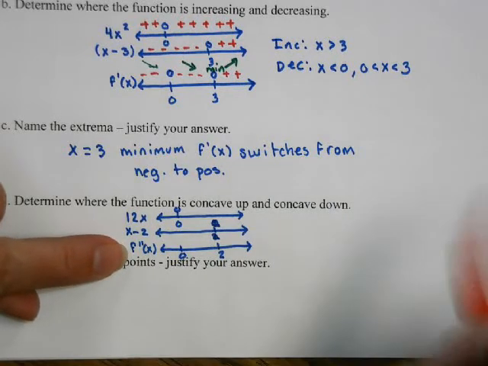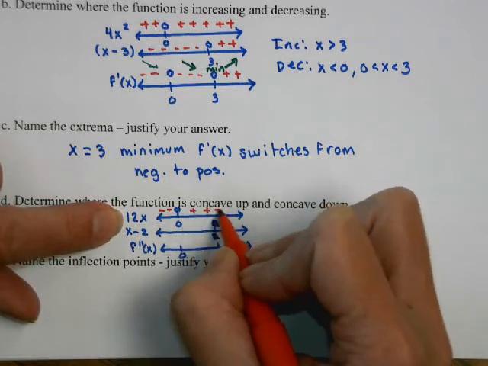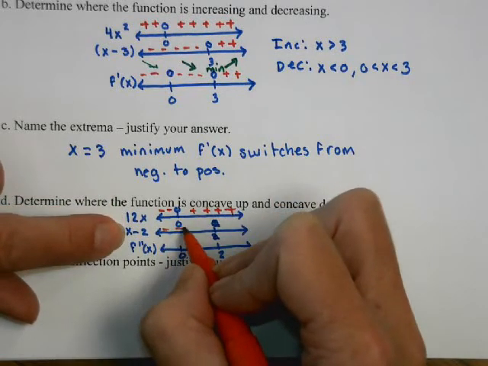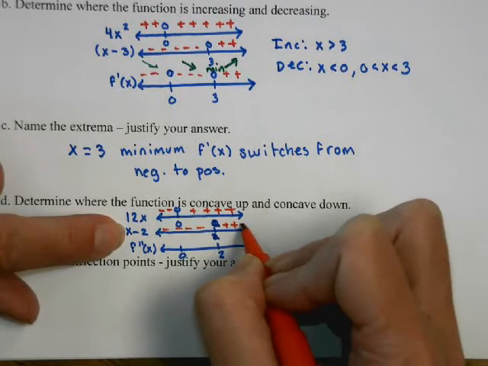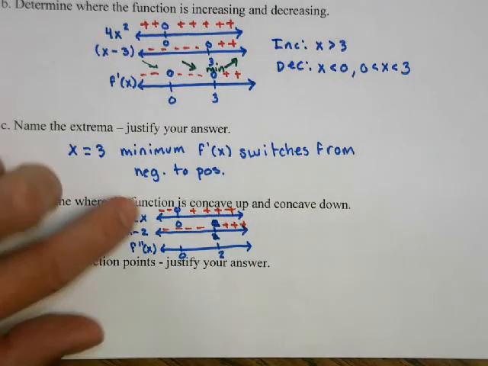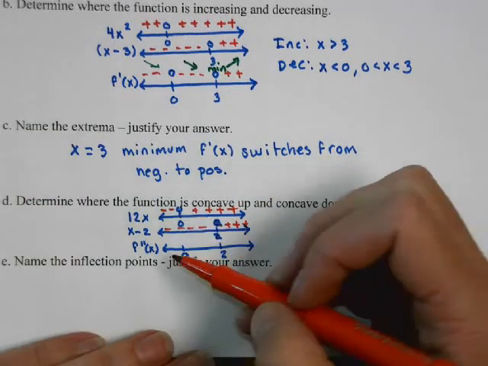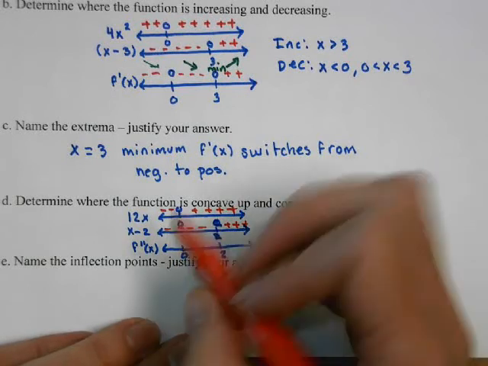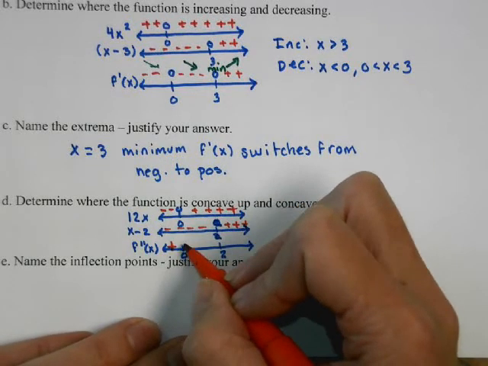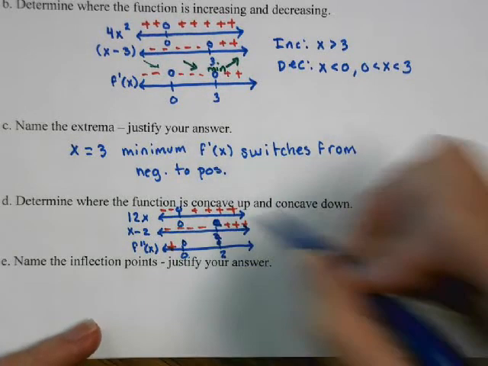This one is going to be negative going to positive. This one is going to be negative going to positive. And if you're unsure, you can pick a test point, but if you were to graph them, these are just lines that are increasing. So for the second derivative, we have a negative times a negative, which makes this concave up. The second derivative here is 0 at those two.